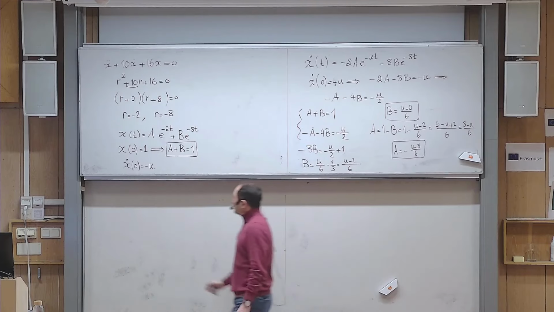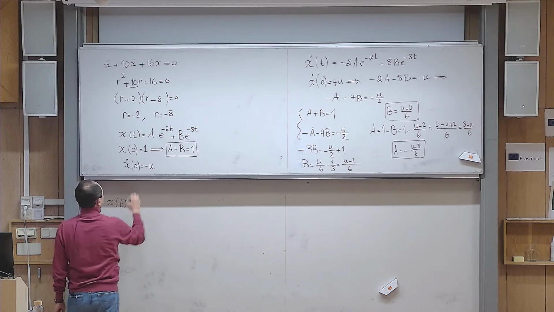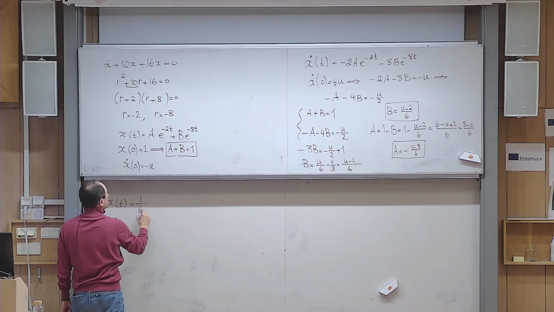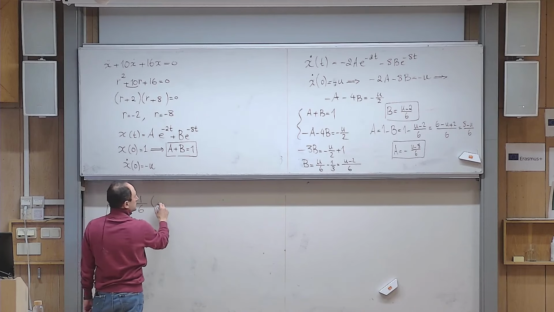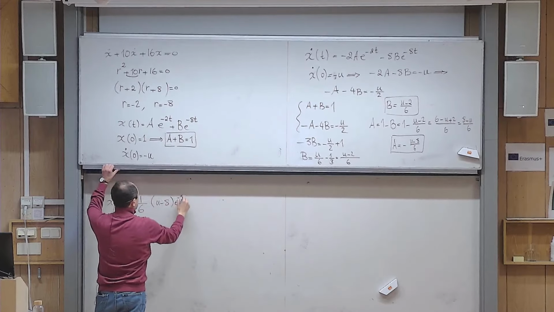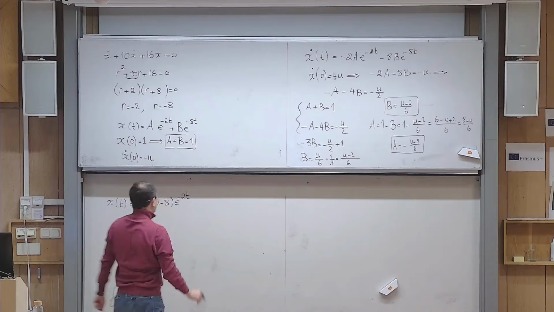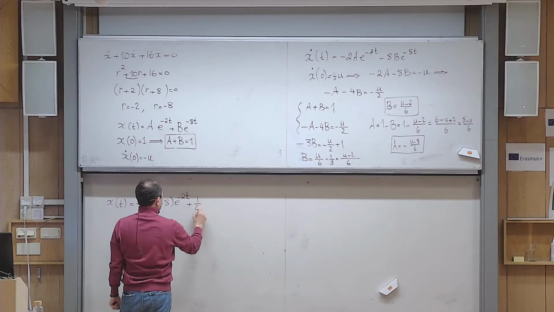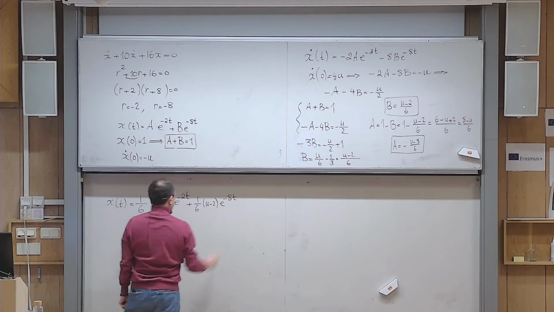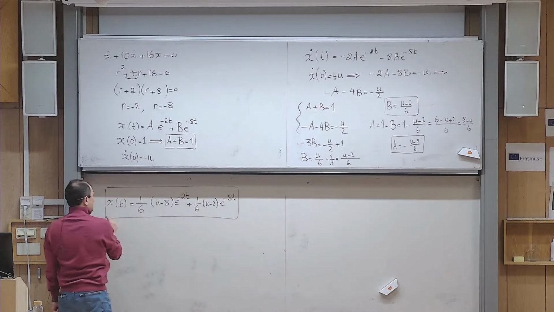Okay, so I put it back here, so x of t becomes equal to, instead of a, I put that expression, so it's 1 over 6 u minus 8 e to the power of minus 2t, and then plus b. But b is u minus 2 divided by 6 e to the power of minus 8t, and that is the answer that we are supposed to get here.